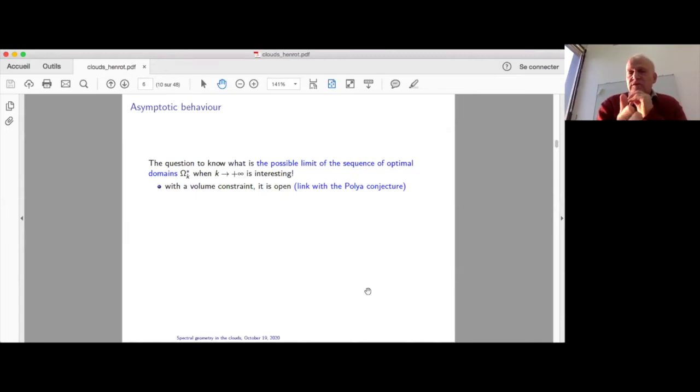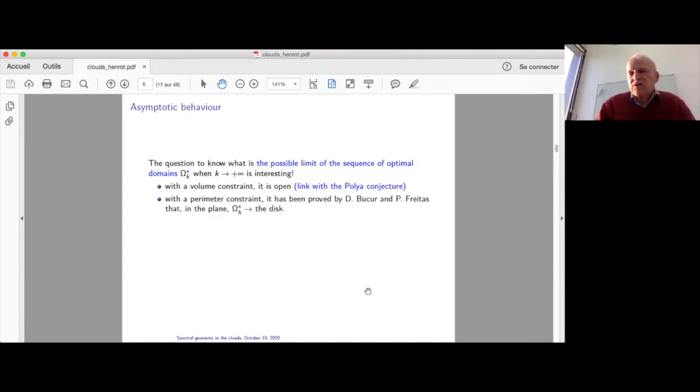If you can prove that the sequence of optimal domains for the minimization problem converges to a ball, in some sense, then to check the Polya conjecture, at least in the high regime, for large values of k, it suffices to check the Polya conjecture for balls, and then to have some quantitative estimate. And since the Polya conjecture holds true for balls, you will have at least the Polya conjecture for the high regime, I mean for large values of k.